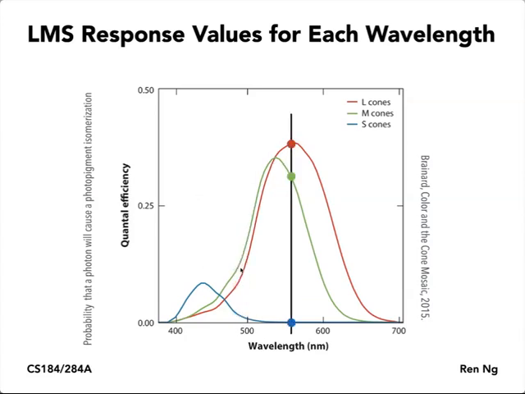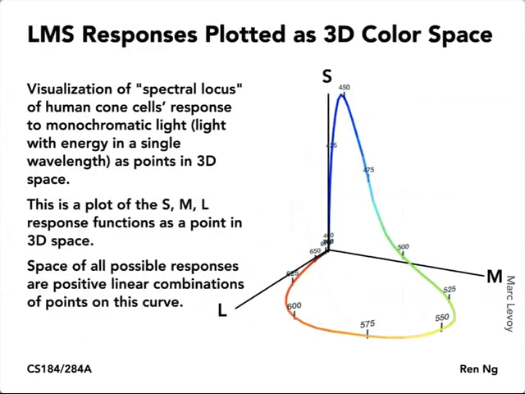So I can imagine sweeping over wavelength, getting three values at every wavelength. And so I end up with a 3D curve in space, is one way to interpret this, by sweeping wavelength and enumerating the L, the M, and the S responses. I could plot that in 3D space. Let's do that. It'll look something like this. Now we just interpreted L, M, and S as the values for three Euclidean axes, three Cartesian axes.